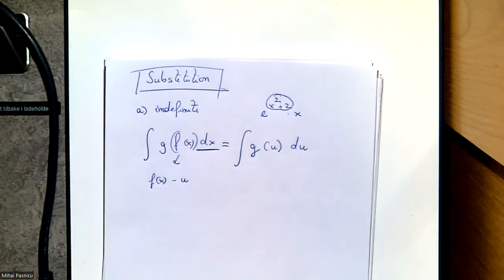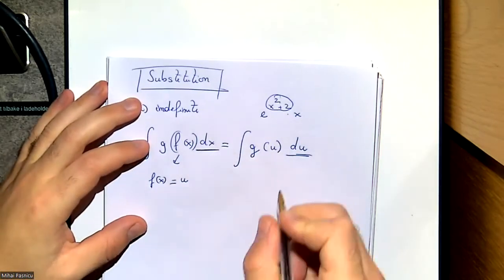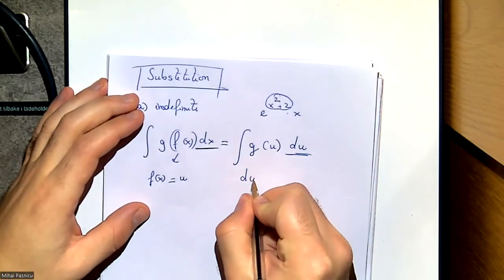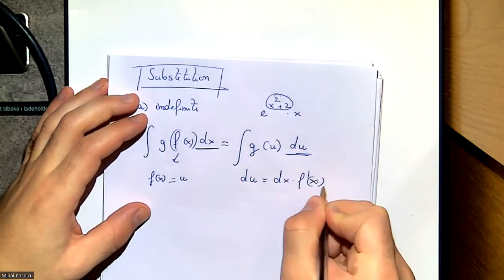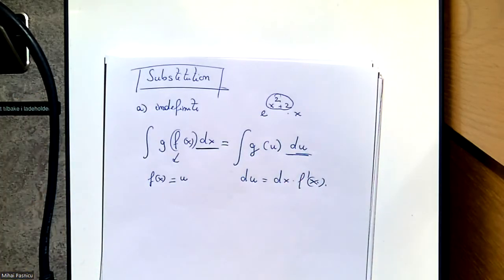I've changed the variable after which I'm integrating. I'm not integrating over dx. I'm integrating over du. Okay? With the small thing that du is equal to dx times f prime of x. I know this looks somewhat complicated, but I'll take an example and hopefully it's going to look a lot nicer.